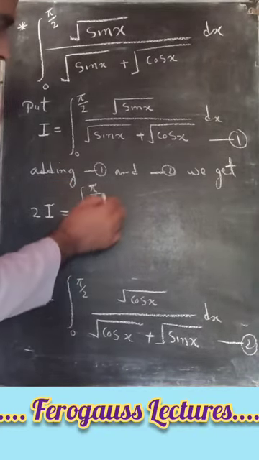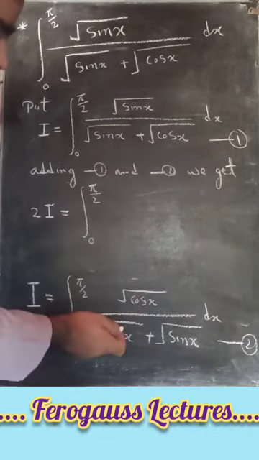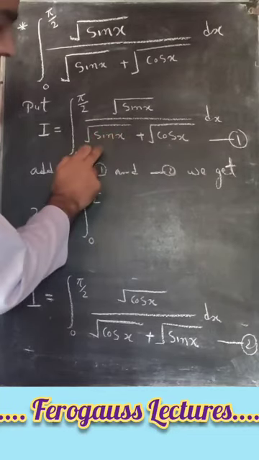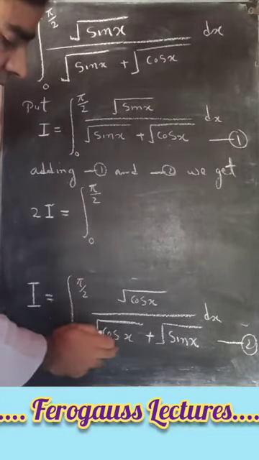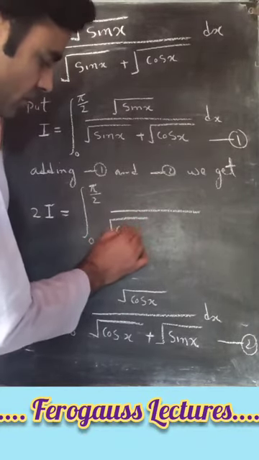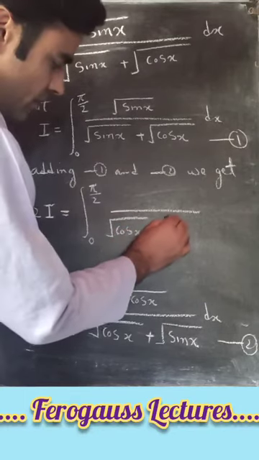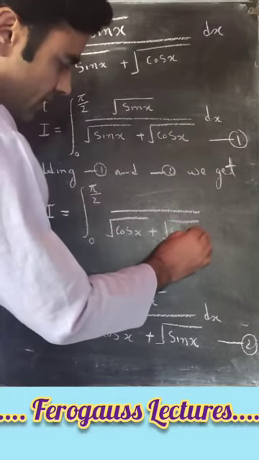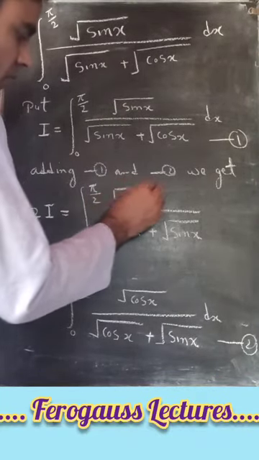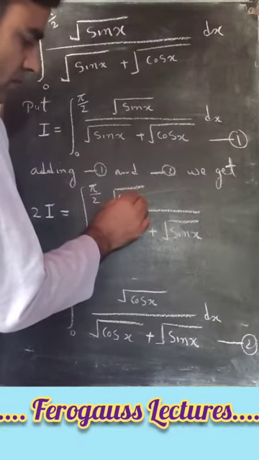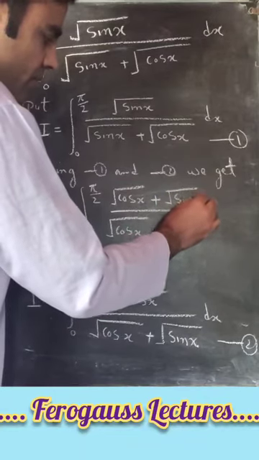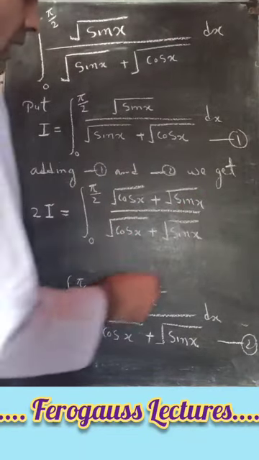So we get 0 to pi by 2, this plus this. In denominator we have cosine of x plus sine of x, and also here in denominator we have cosine of x plus sine of x. So we take square root of cosine x plus square root of sine x, and now in numerator we get square root of cosine x plus square root of sine x, dx.